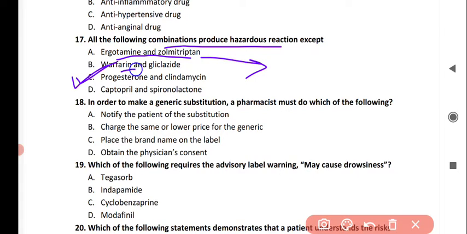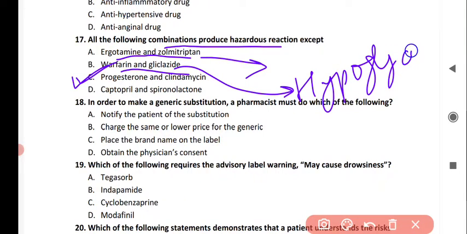If I talk about warfarin and glyclazide, if they are given in combination, there will be a higher risk of hypoglycemia.